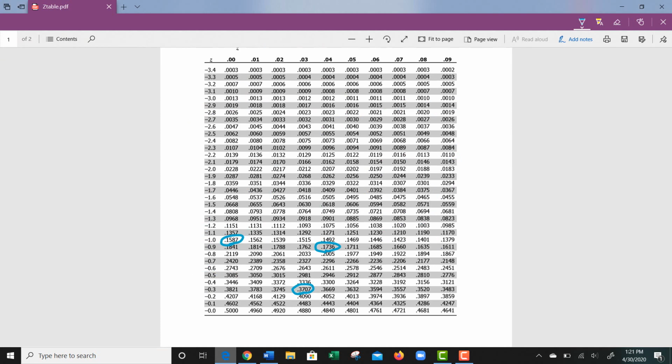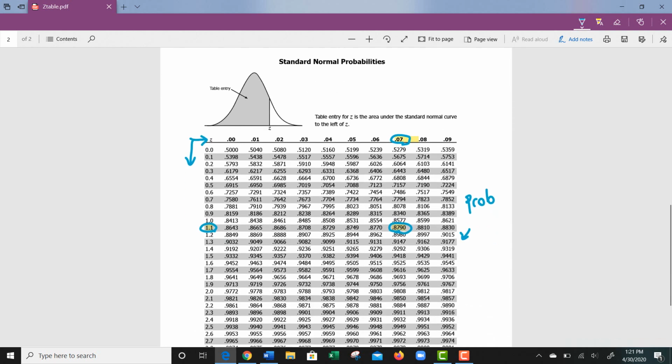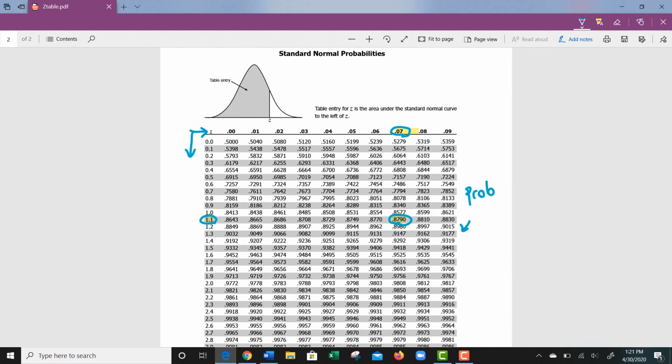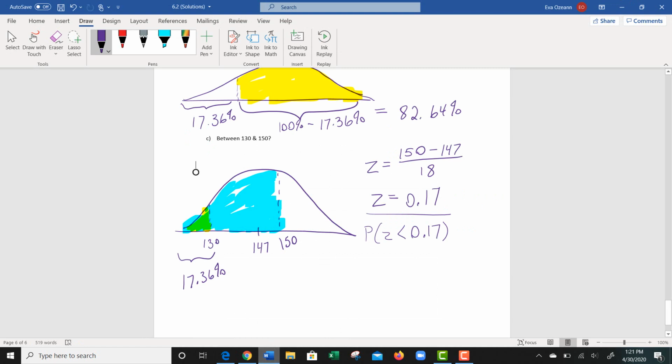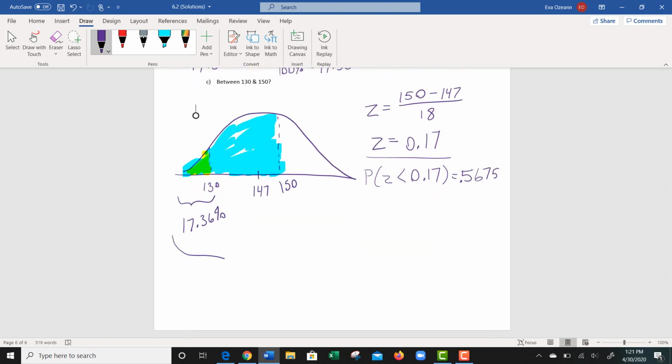So let's see, that was 0.17, so I have to go down a little bit. 0.17 is going to be 5675. Okay, so what I found is that this piece will be 56.75%.